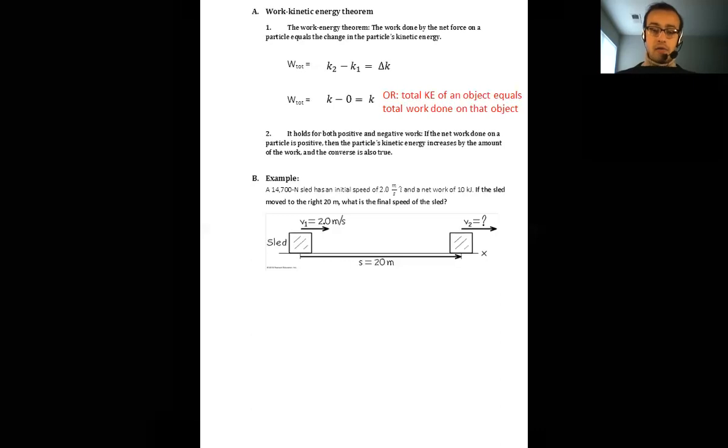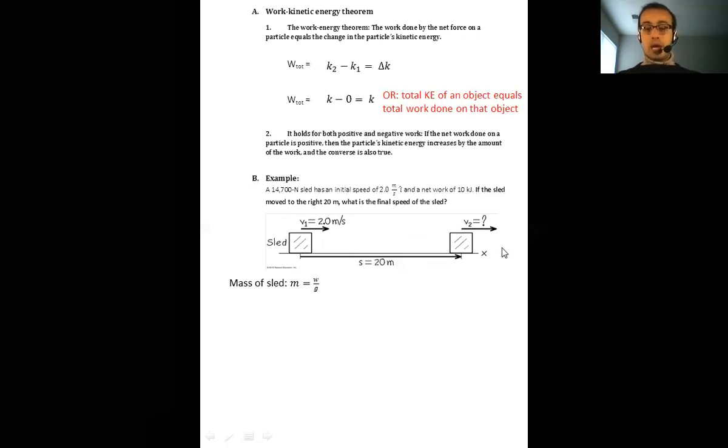So let's take an example. We have a 14,700 newton sled, which is moving along with an initial speed of 2.0 meters per second. A net work is done on the sled of 10 kilojoules. We give this basically a 10 kilojoule push, if you will. If the sled moved to the right 20 meters, the question is, what is the final speed of the sled? What's v2 here, right?